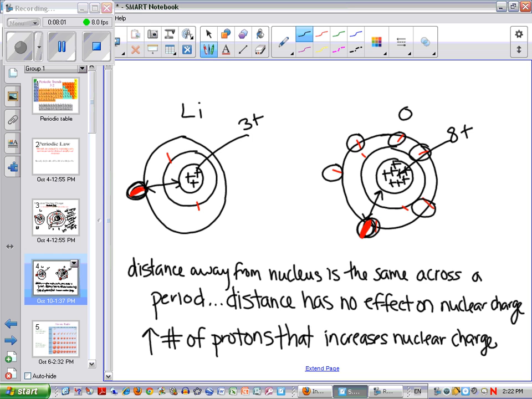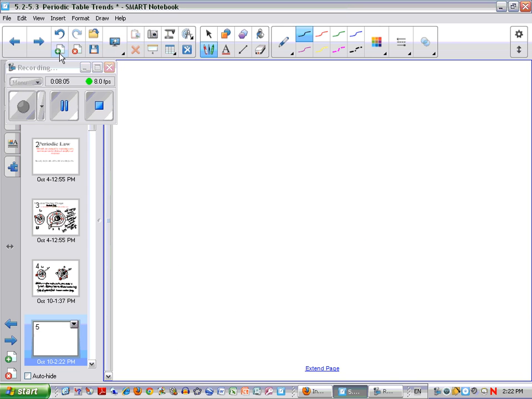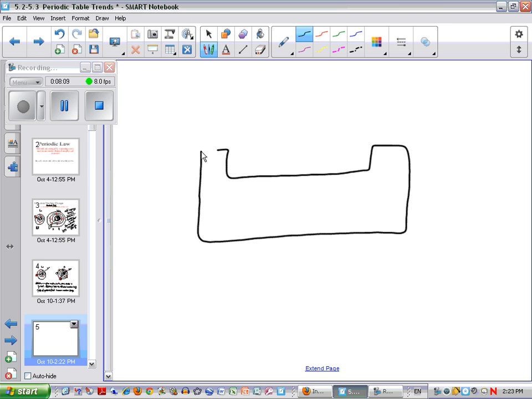So you have really nowhere to write this, but I'm going to put this up there really fast. If you have your periodic table like this, and I'm not good at drawing them, nuclear charge is going to decrease as you go down a group. Why? Because you're adding energy levels.